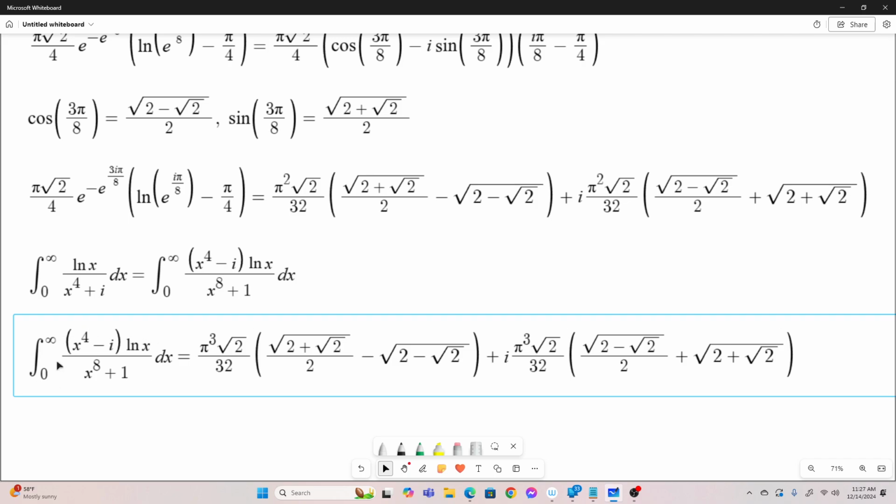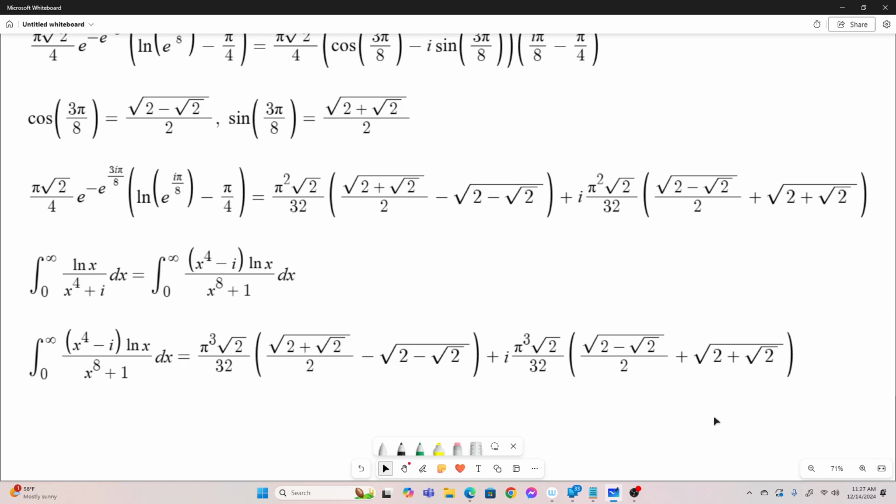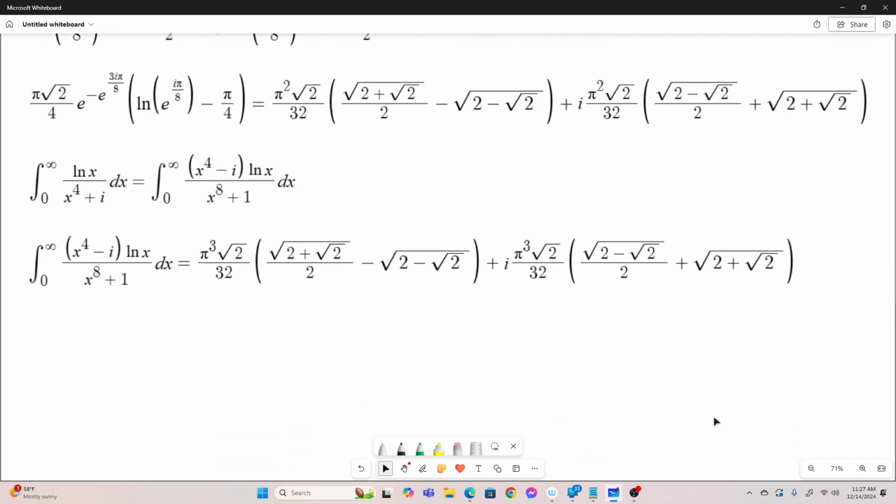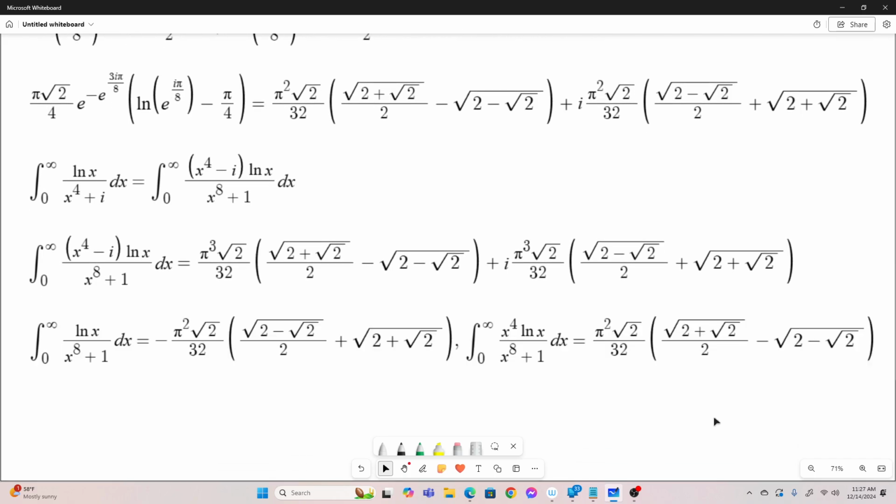So we have this is equal to this, matching up the real and imaginary parts, and we arrive at the solution to our original integrals up there. Pretty messy, but that's the answer. Those are the answers to those integrals, and those integrals would be extremely daunting without using this technique that I just showed you.